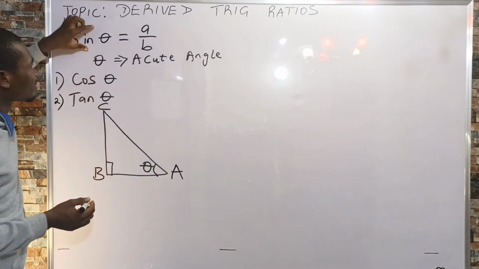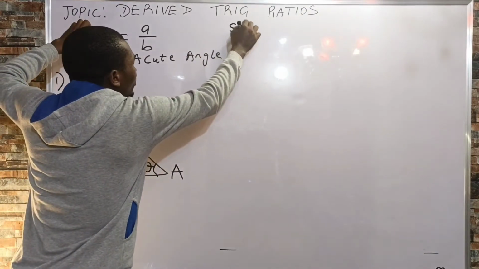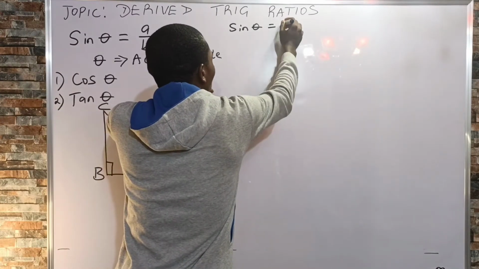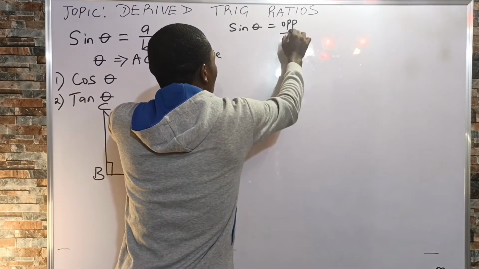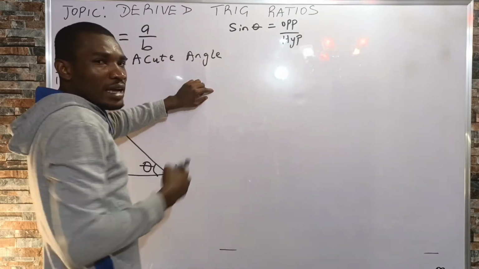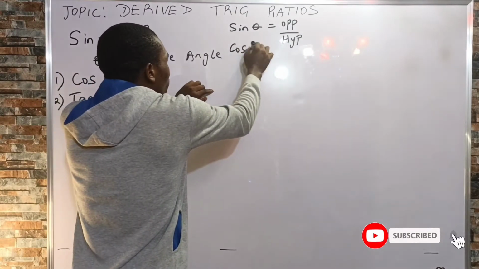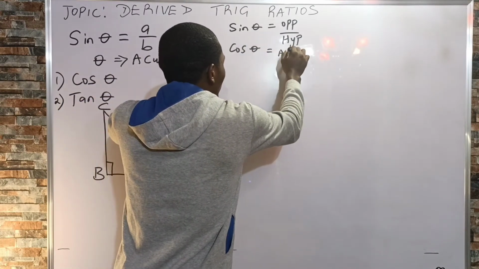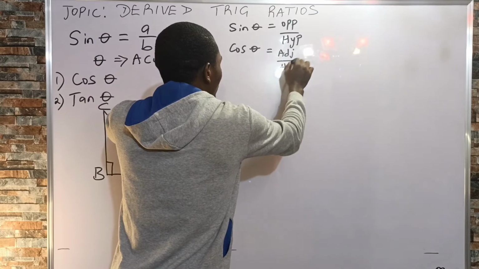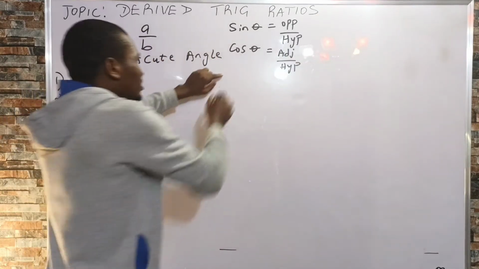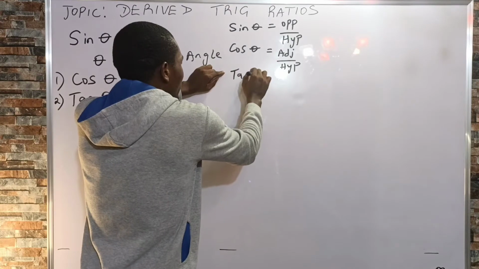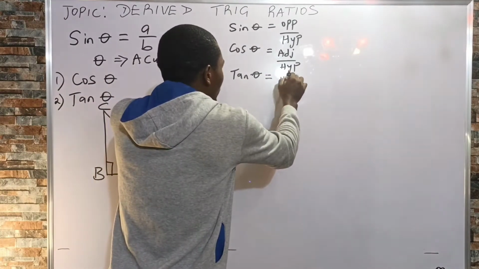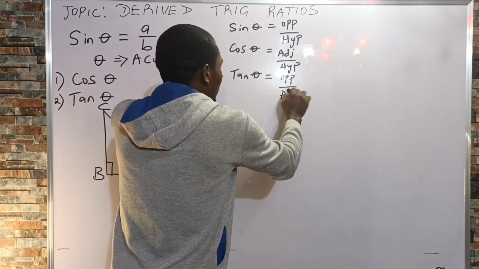So remember that the sine of any given angle, the ratio of it is given as opposite over hypotenuse. Then the cosine of any given angle is given as the ratio of adjacent over hypotenuse. And also remember that the tangent of any given angle is equal to the ratio of opposite over adjacent.